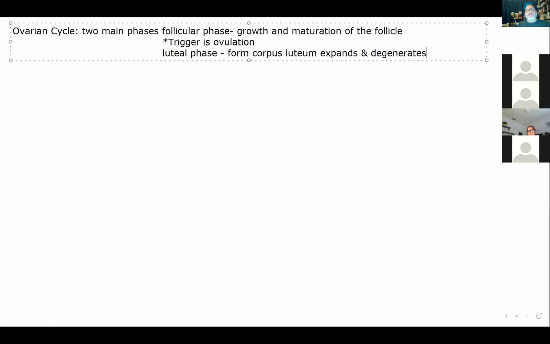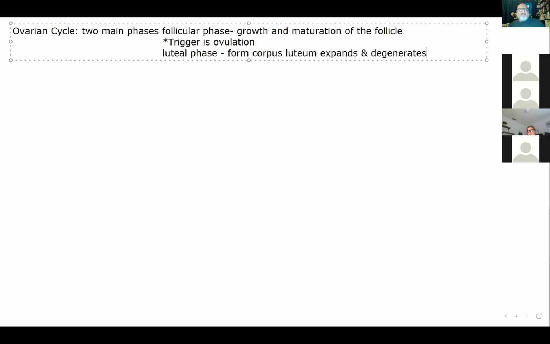So when we're talking about the ovarian cycle, yes, it is absolutely related to what's going on in the egg, but really what we're talking about, and the two names of the two phases tell us what's going on. We have a follicular phase where we care about what's happening with the follicle. We have a luteal phase where we care what's going on with the remaining follicle cells that are becoming the corpus luteum.